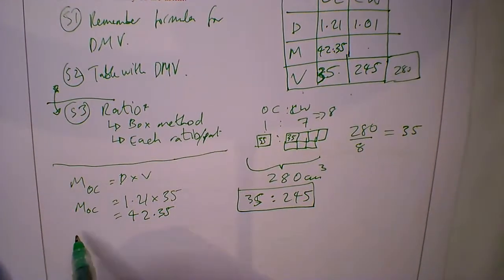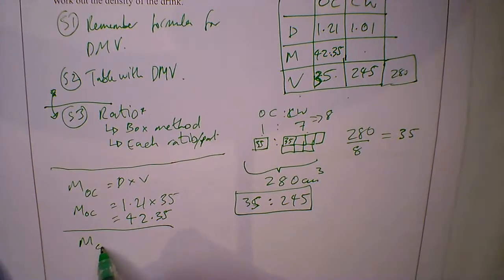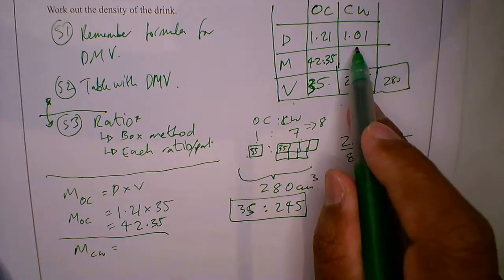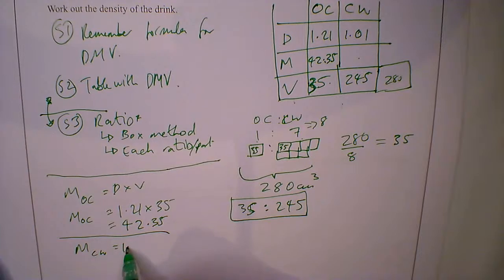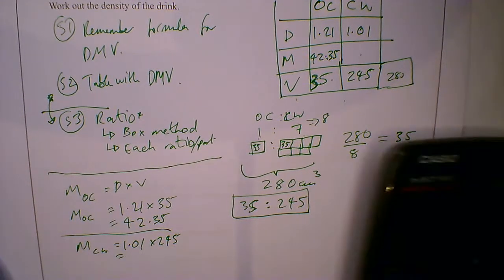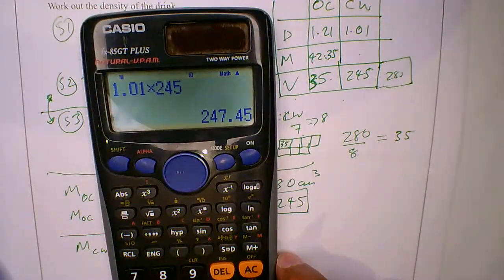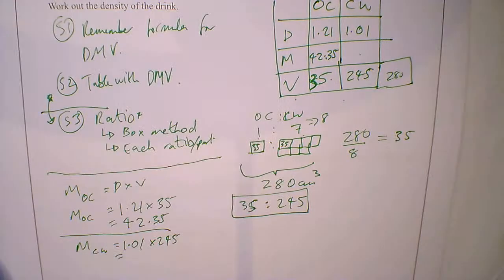And then the mass of CW, carbonated water, is 1.01 times 245. That gives me 247.45.